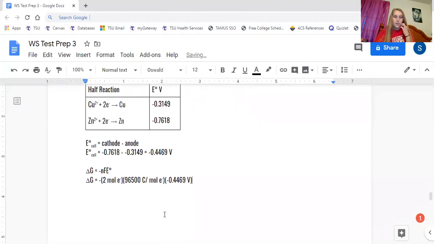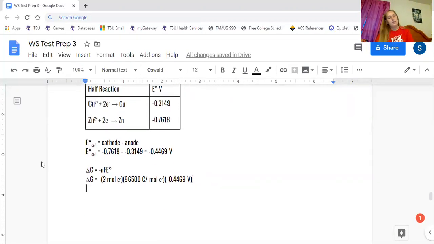So our delta G value, when you solve all that out, is going to be 86.238 kilojoules.